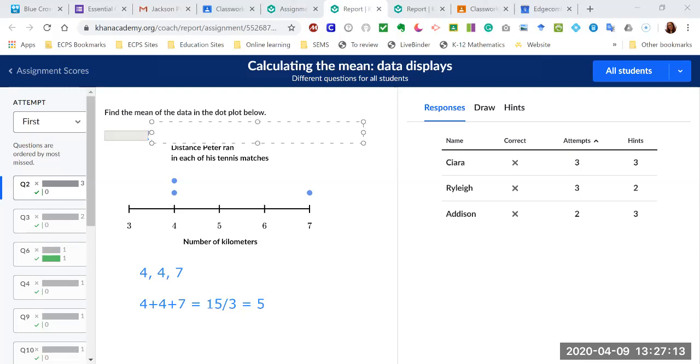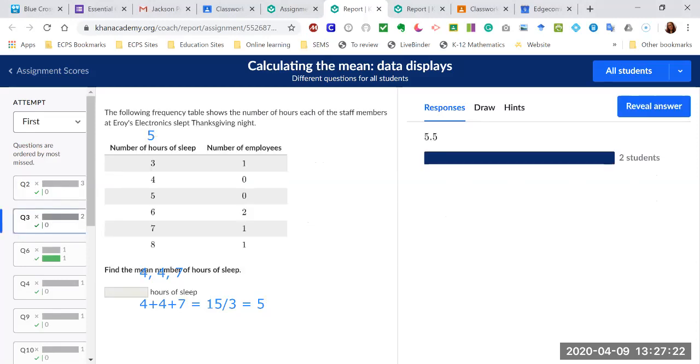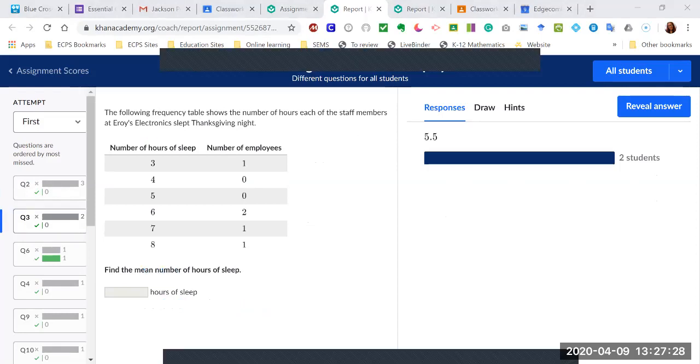Okay, so looking at the next question. This one was missed as well by 2 different students. So this is just a frequency table. Wherever it has a 0, that means that nobody represents that number. And then you just kind of go from there.